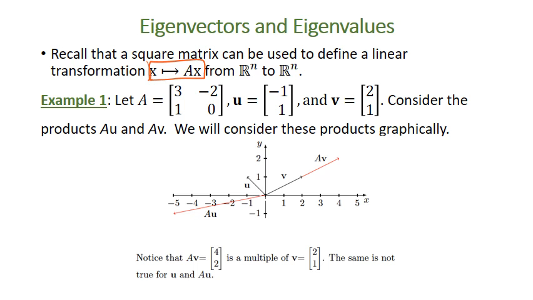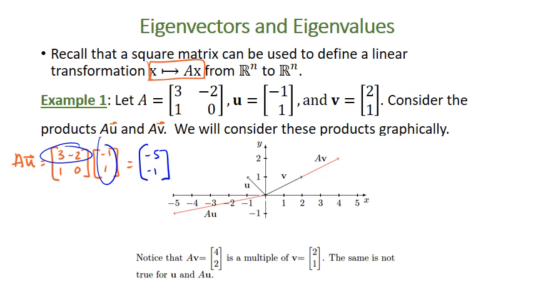So we have matrix A, and vector U and vector V. So we want to consider the products AU and AV. Well, if I want to find AU, I'll take matrix A times vector U, and remember, we'll multiply the rows by the columns, and we end up with this.